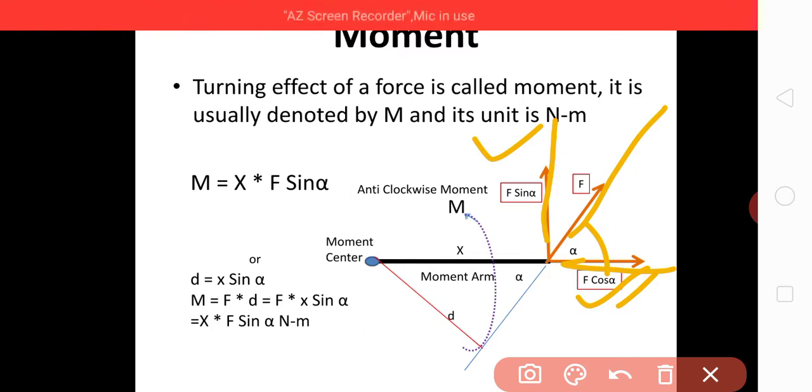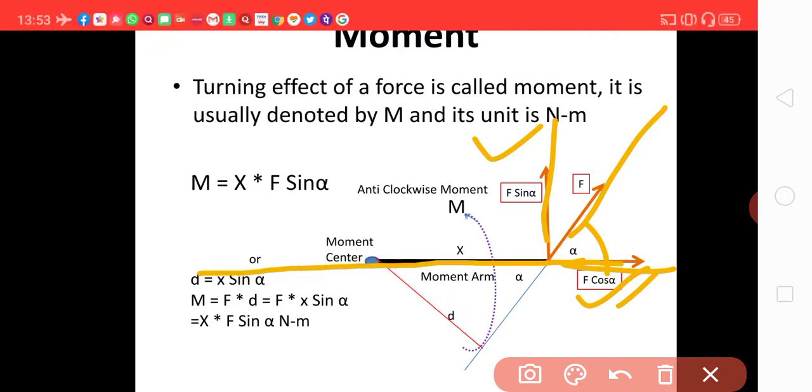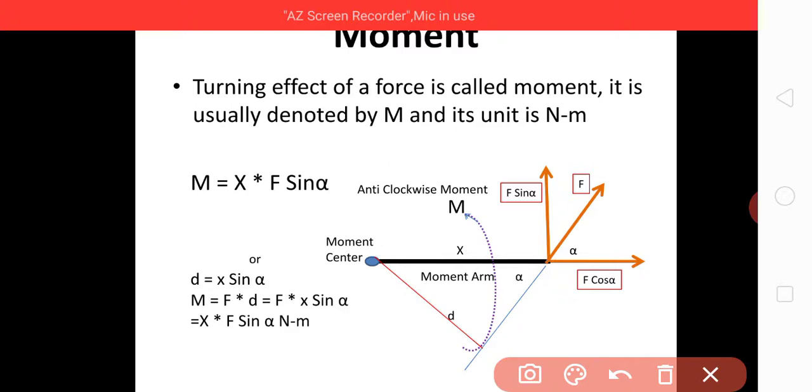It will be 0 because the perpendicular distance of its line of action is 0, because this is passing through the moment center. And then take the moment of the vertical component, that is F sin alpha into X. You must again remember that moment is the force into perpendicular distance on the line of action of the force from the moment center.